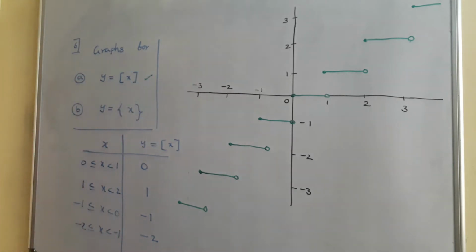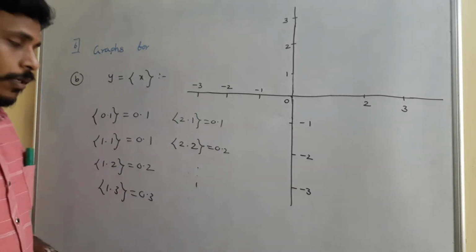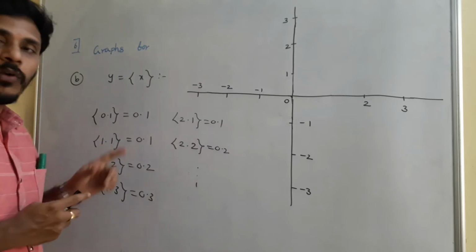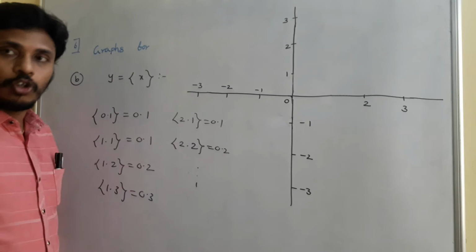And then we need to sketch the graph for y is equal to the fractional part of x. So the next one, 6b, is just the graph for the fractional part of x. See, the fractional part of x just indicates the decimal part of the given number. So if you take a number like 0.1, its fractional part is 0.1. For the fractional part of 1.1, it is 0.1.